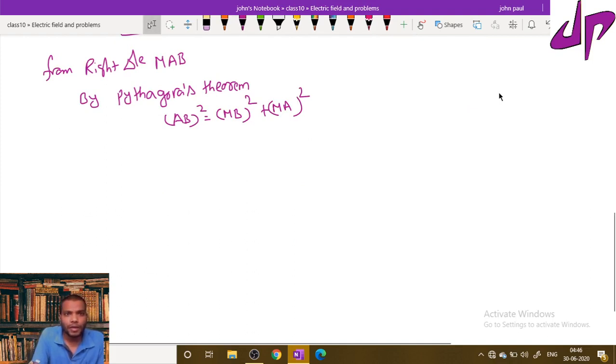We know the value of AB: AB squared is 5 squared in centimeters, equal to MB squared plus MA squared.